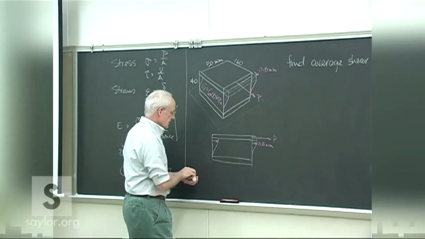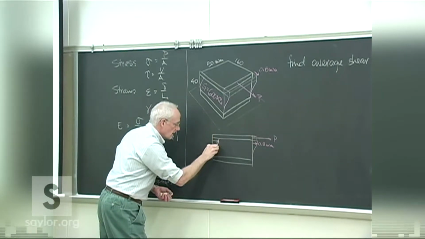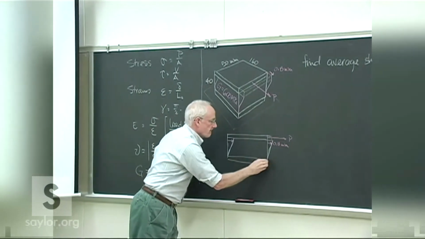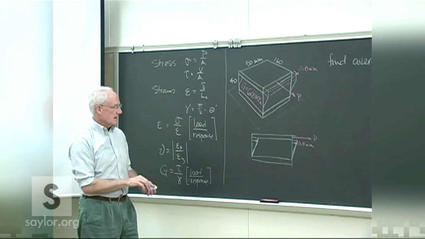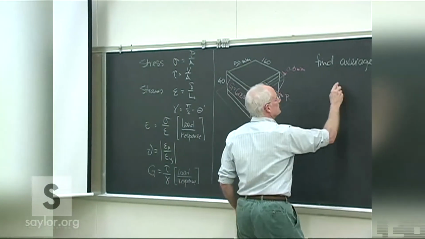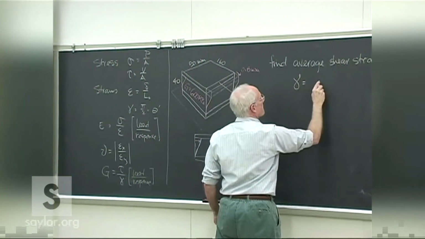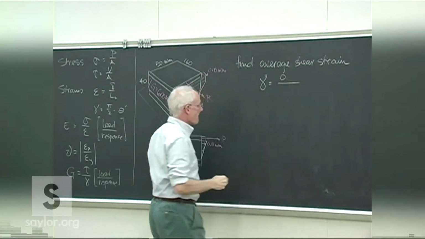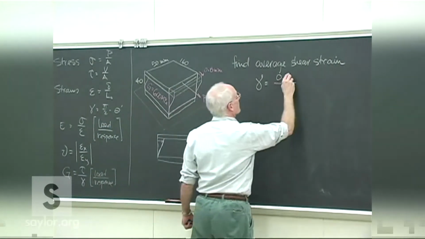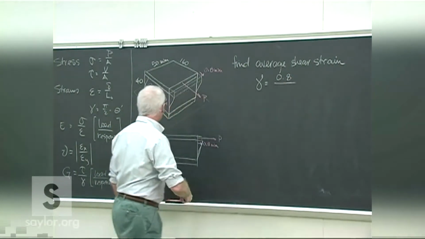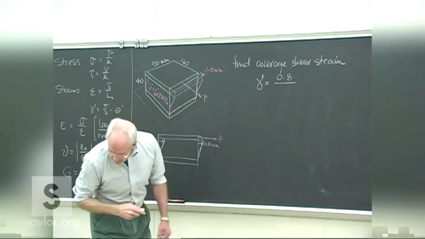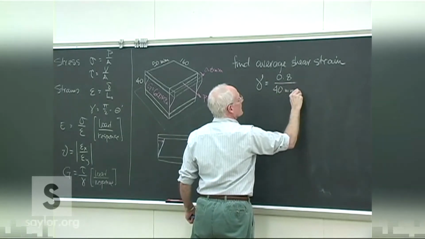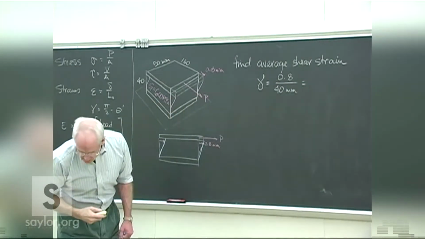So just assume then this average deformation. And that's then simply the angles there. The angle there is 0.8 over the original 40, I believe. Make sure I wrote that number down right. So that's very straightforward.